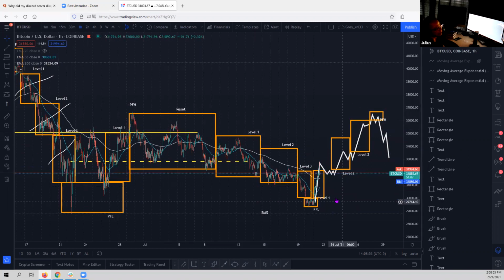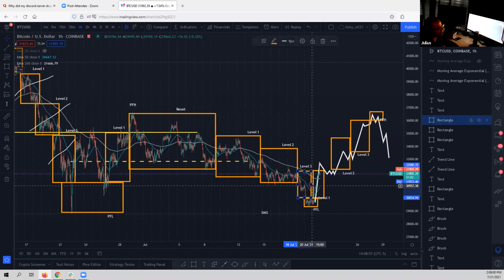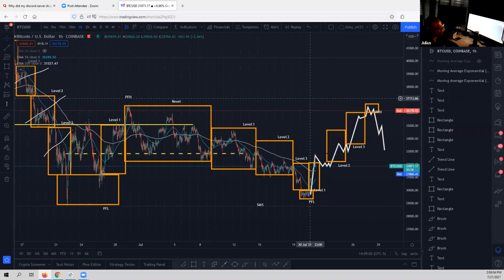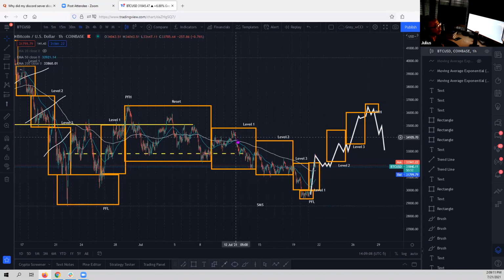And I picked it up pretty quick. I don't know why. It's just the way I see patterns. There's some things I don't pick up quick, but this, for some reason, I picked it up fairly quick. So that's level 1, level 2, level 3, peak formation low.